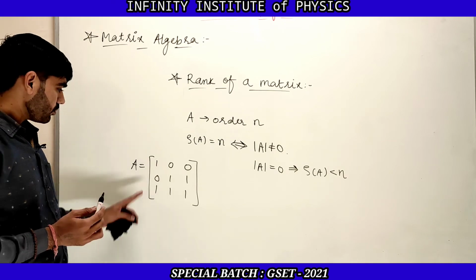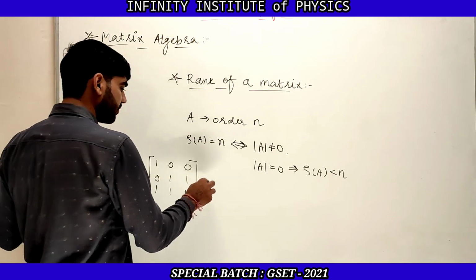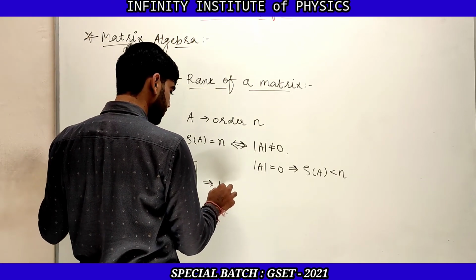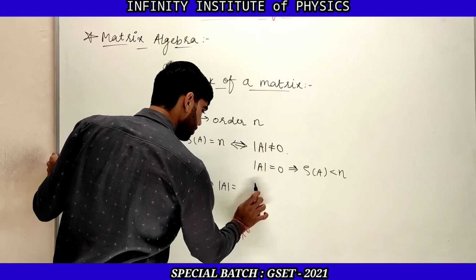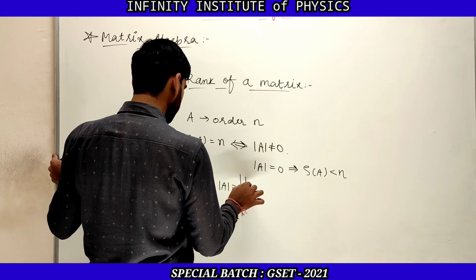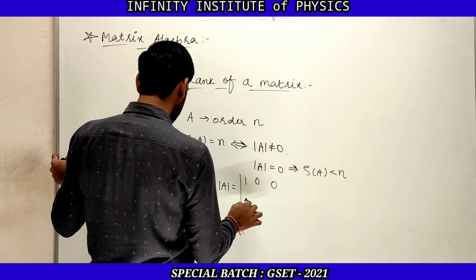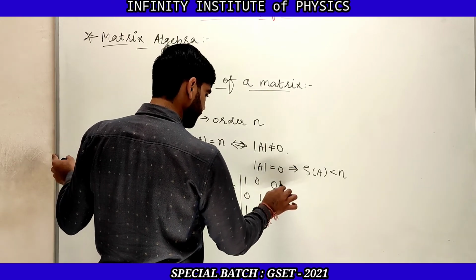Now let us find out the rank of this matrix. So first of all, let me find out the determinant. So determinant of A, that is the determinant of 1 0 0, then 0 1 1 and 1 1 1.